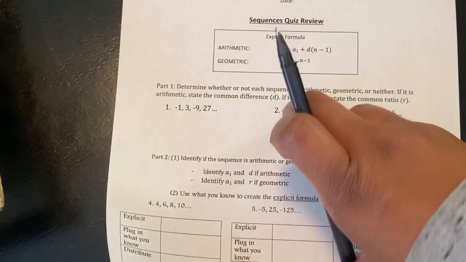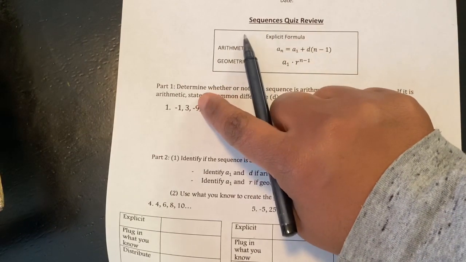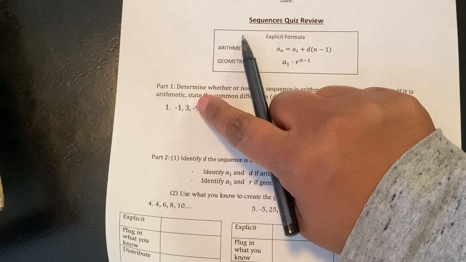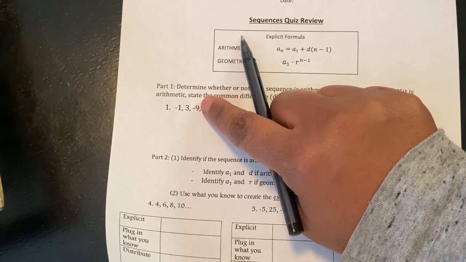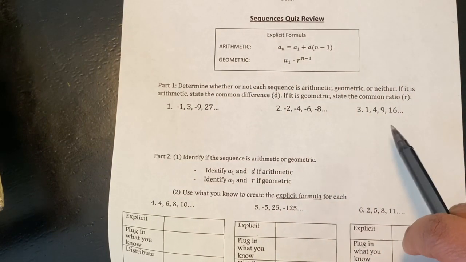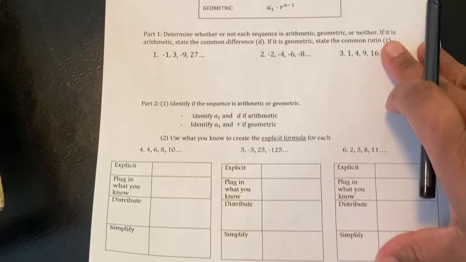That means you're going to have to use those rules to find R or D. So you're either going to have to do a sub 2 minus a sub 1 and a sub 3 minus a sub 2, or you're going to have to do a sub 2 divided by a sub 1 and then a sub 3 divided by a sub 2. If you get the same number, then you'll see that it is arithmetic or geometric, or neither. Okay? Again, we will go over this.